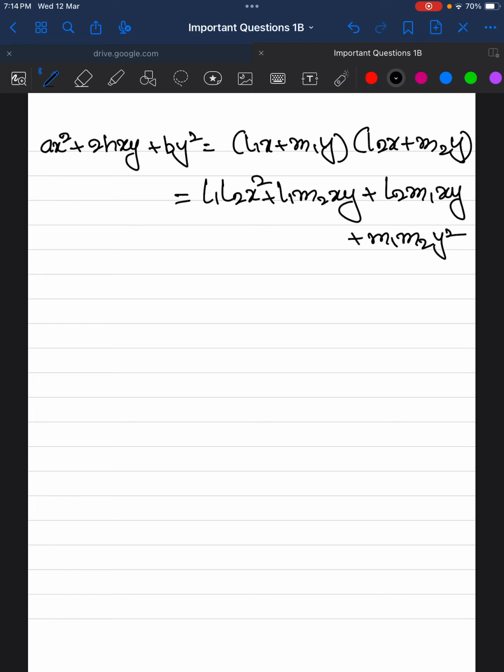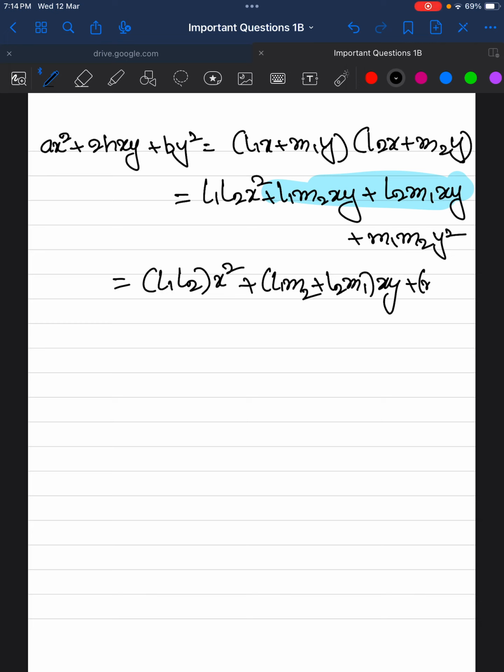The two xy terms are the same, so taking xy common, we get L1 M2 plus L2 M1 into xy plus M1 M2 y square.